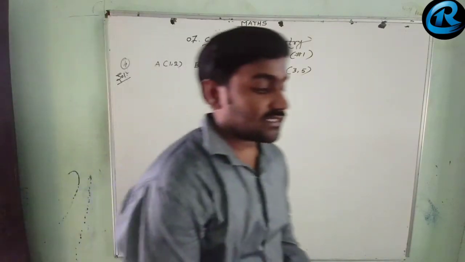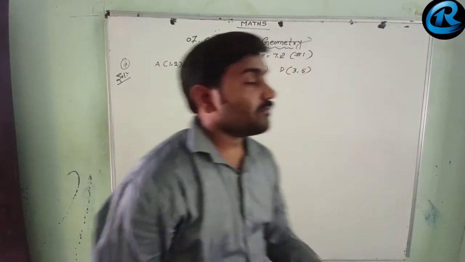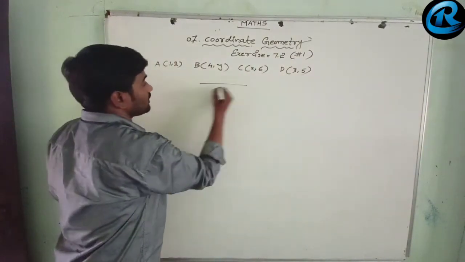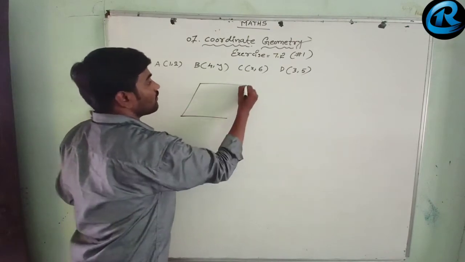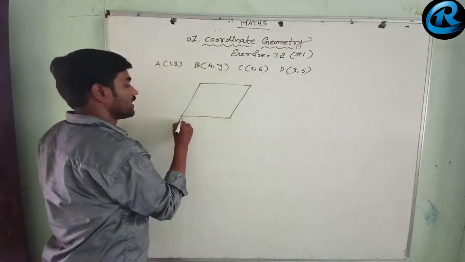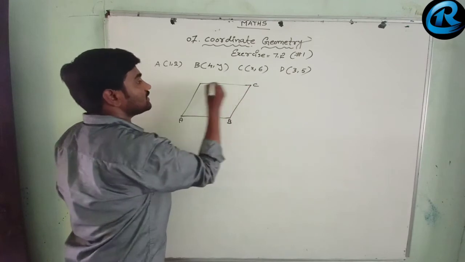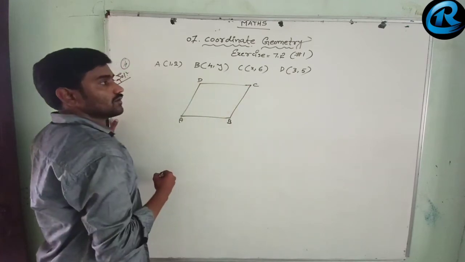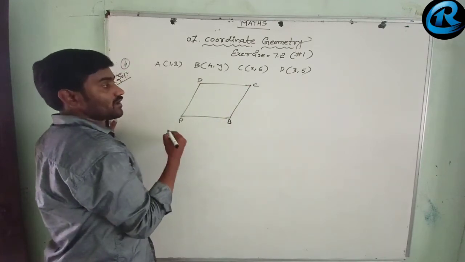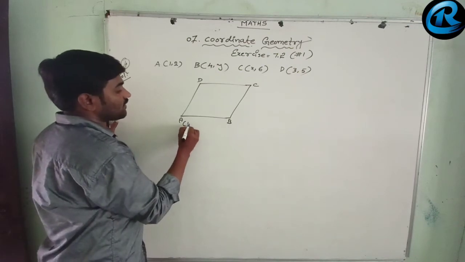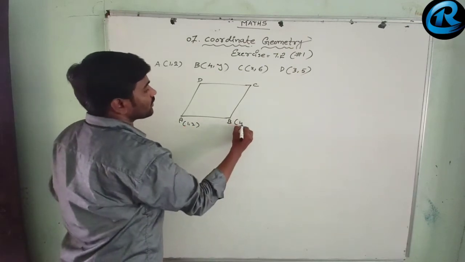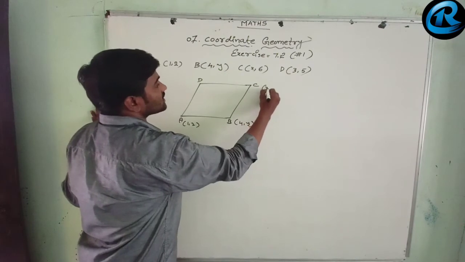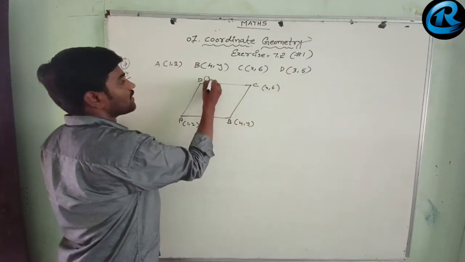Okay, ఇవి vertices అంట. ఇవి ఆల్రెడీ parallelogram యొక్క vertices అంట. So let us draw the vertices of a parallelogram. A, B, C, D. Okay, these are the vertices of a parallelogram. So already A is (1, 2), B is (4, y), C is (x, 6) and D is (3, 5).